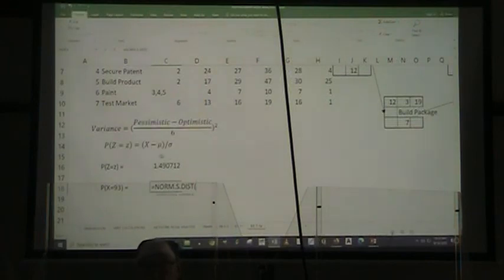All right, so I click on my Z number, comma, and then do I want it to be cumulative or do I want it to be the probability density function at that place? Well, I actually want cumulative. So I put true.